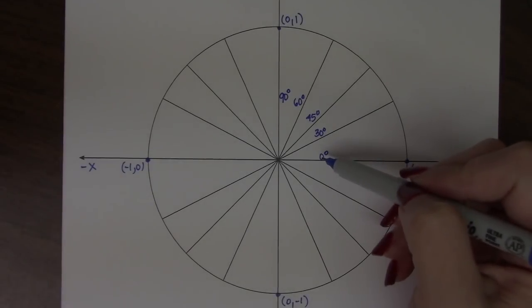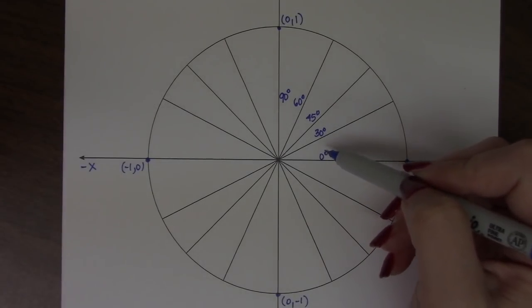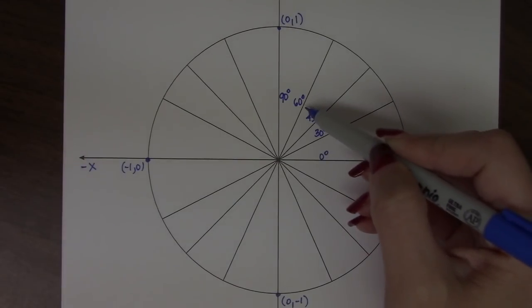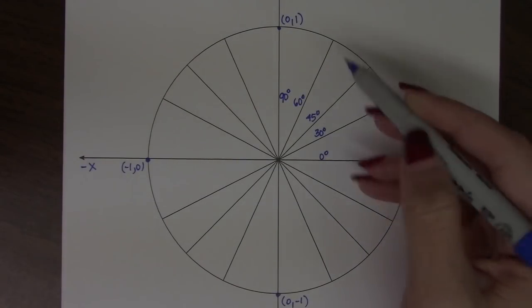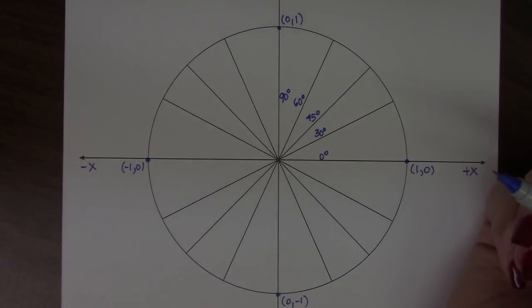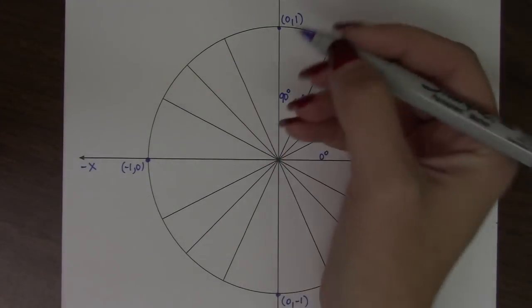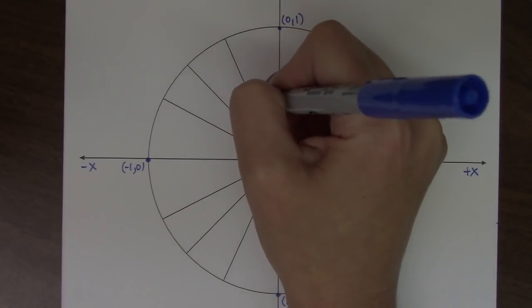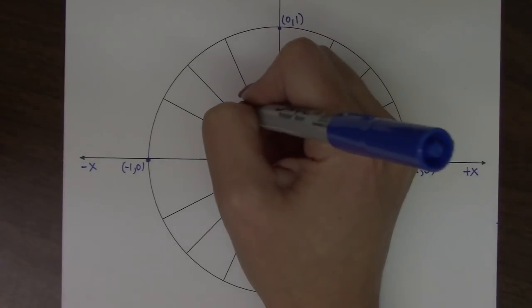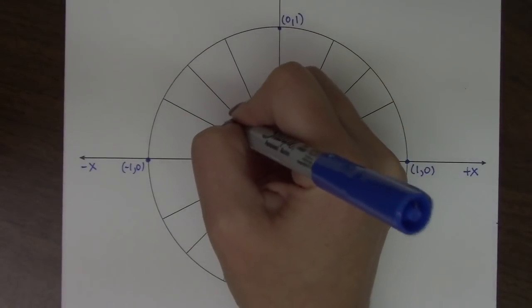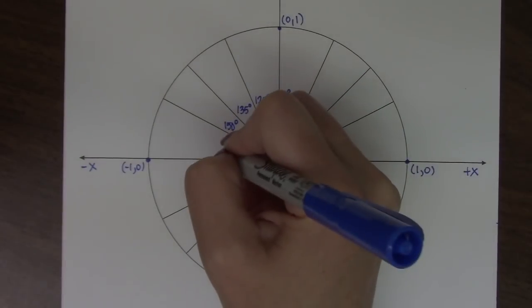So the pattern that you see within each quadrant is 30 plus 15 plus 15 plus 30. And so we can keep following that all the way around the circle and getting our angle measures. So if I add 30 to 90, I'm at 120. When I add 15, I'm at 135. When I add another 15, I'm at 150.